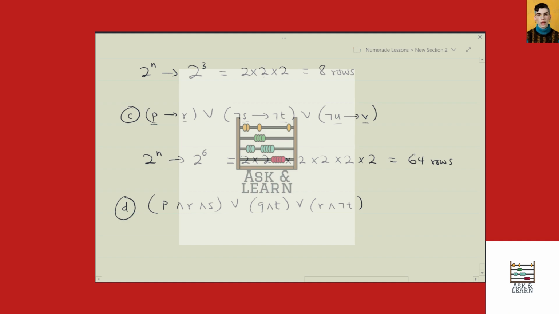Okay, so here, still using the rule, we look at the number of distinct letters.